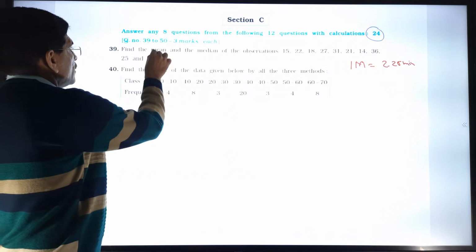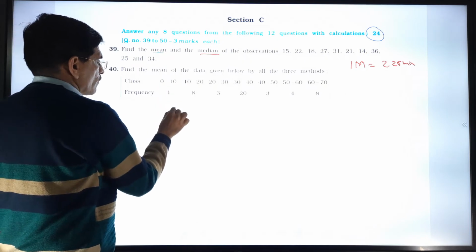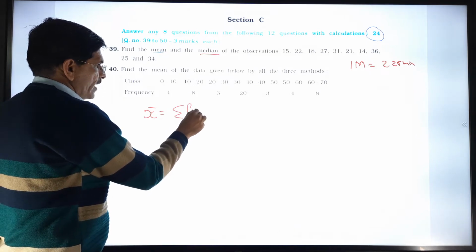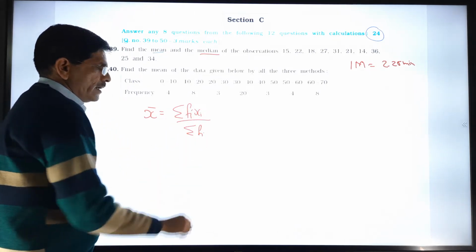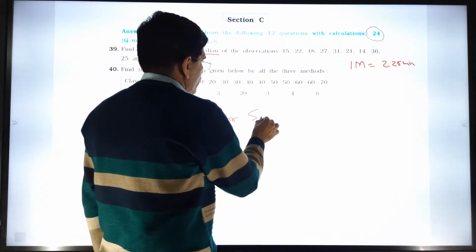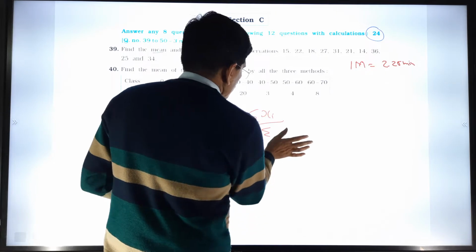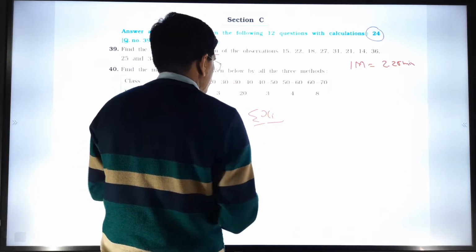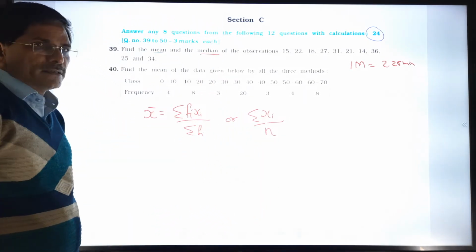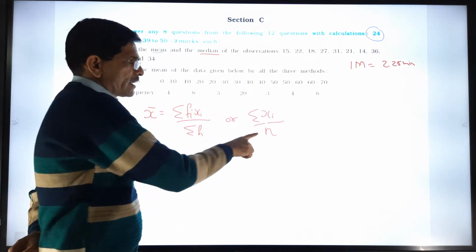Now we concentrate on mean and median. We know that mean x bar is equal to sigma fi xi upon sigma fi, or in 9th standard, sigma xi upon n.